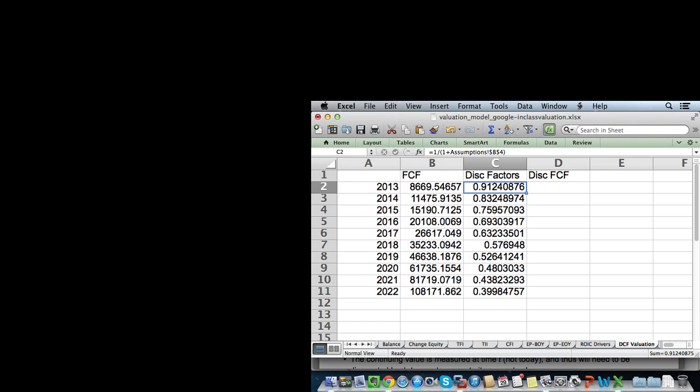So 1 plus R squared, 1 plus R cubed, to the 4th, 5th, 6th, 7th, 8th, 9th, and 10th.